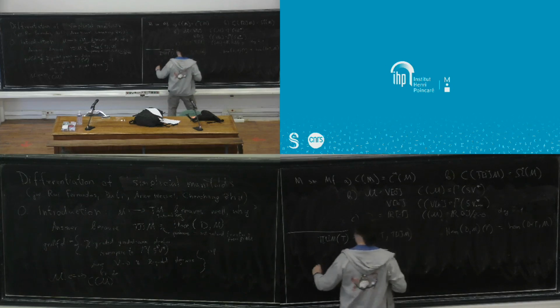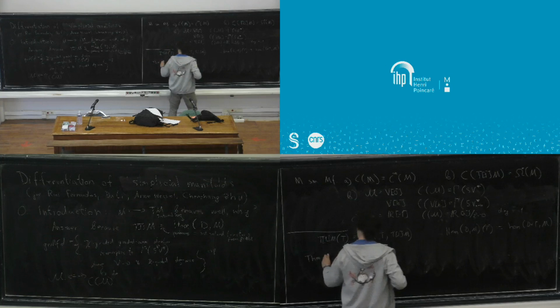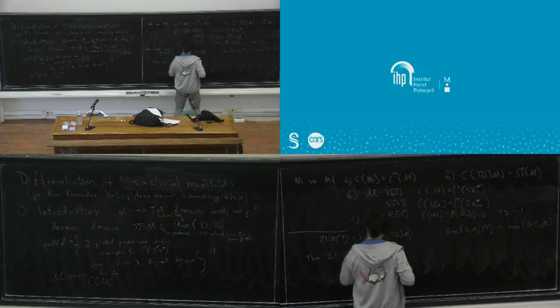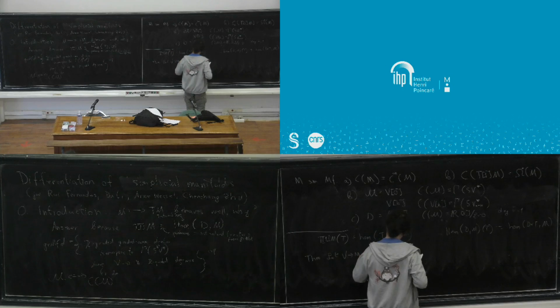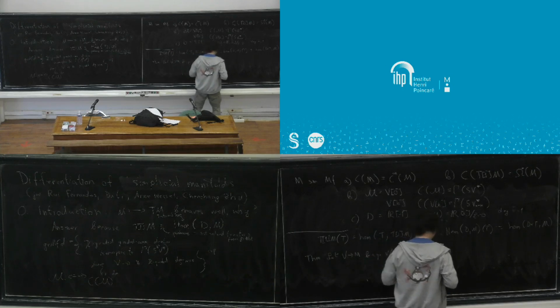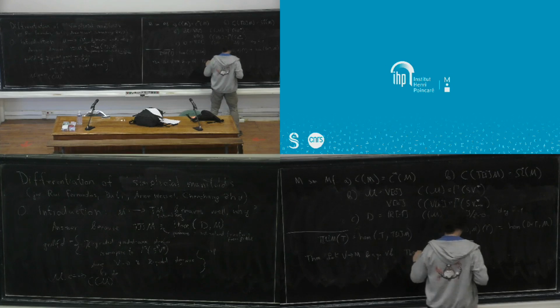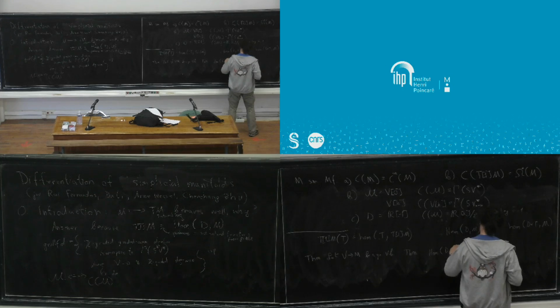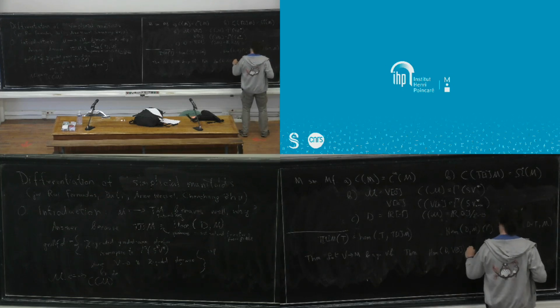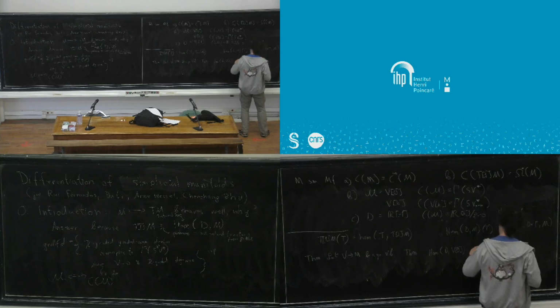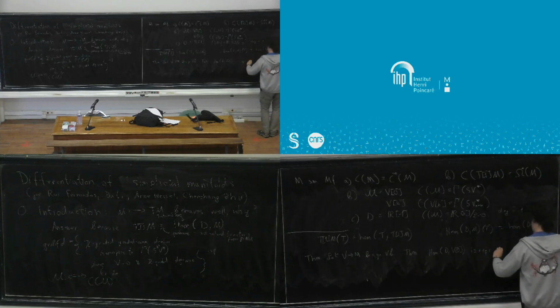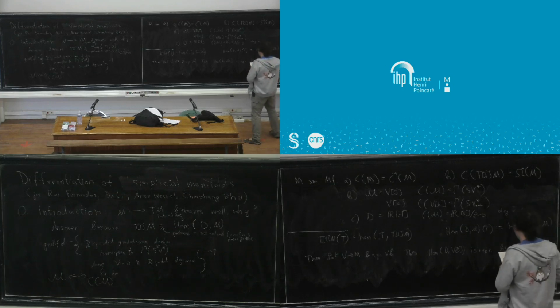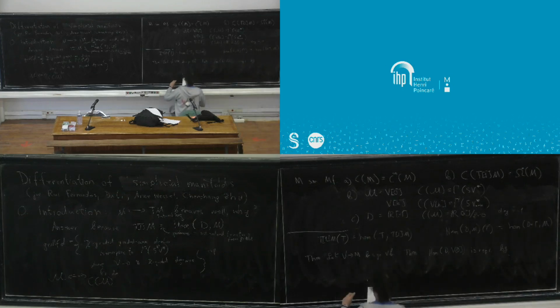So theorem, let V to M be a graded vector bundle, then Hom D V0 is representable by, well, I'll write it like this.